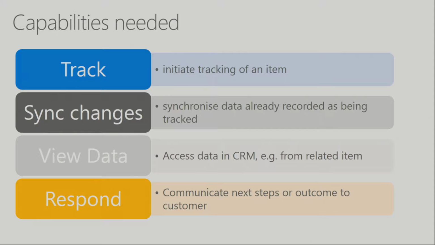The second part is then syncing changes as they happen. So as someone updates maybe an appointment for you, or someone creates a contact or changes a phone number for you, you want that synchronized back out so you're aware of changes that are happening too. To be more insightful about your customers and respond more effectively, part of this is about viewing data as well.